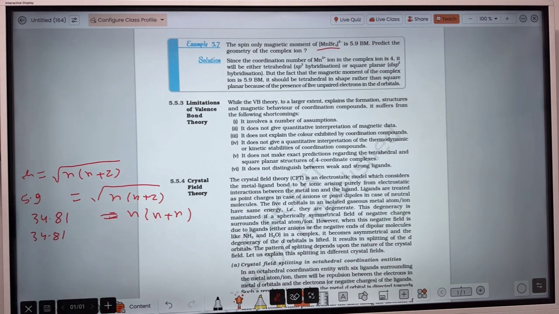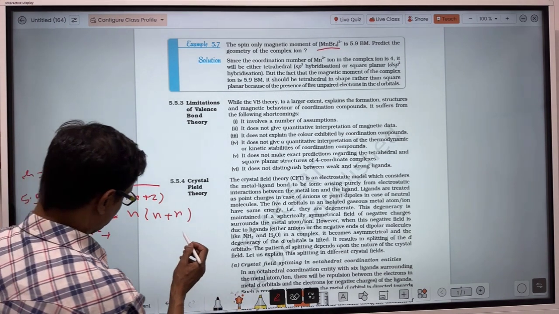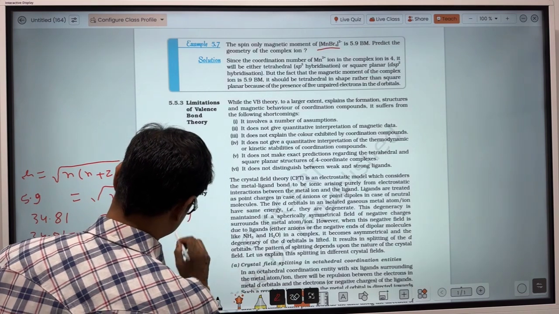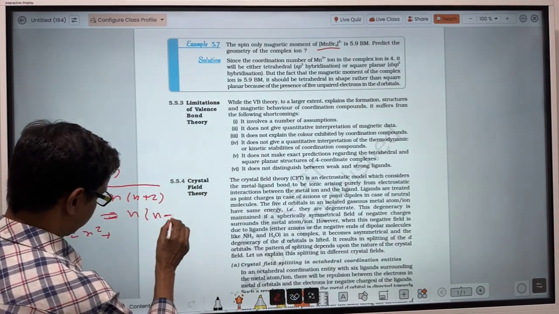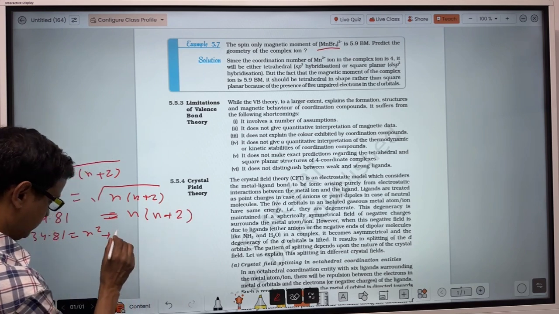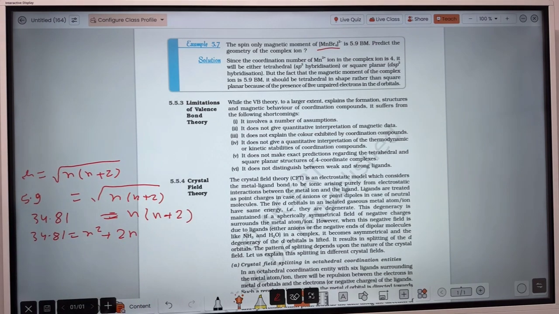But you will get the marks if you directly write that it is square planar. That will be equal to n square plus 2n. So n square plus 2n minus 34.81 equals 0.